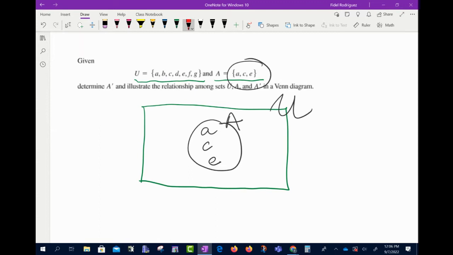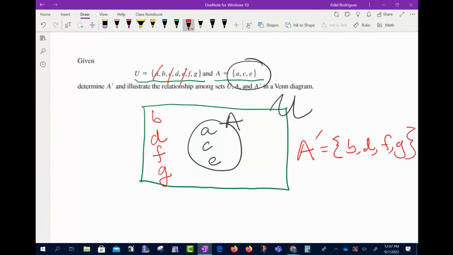Now, since we have already used the letters A, C, and E, we can see the letters that we have left are B, D, F, and G. Those letters are inside the universal set. They're just not inside the circle A. So I'm going to write B, D, F, and G. And those letters we just wrote would be what we call our A complement.